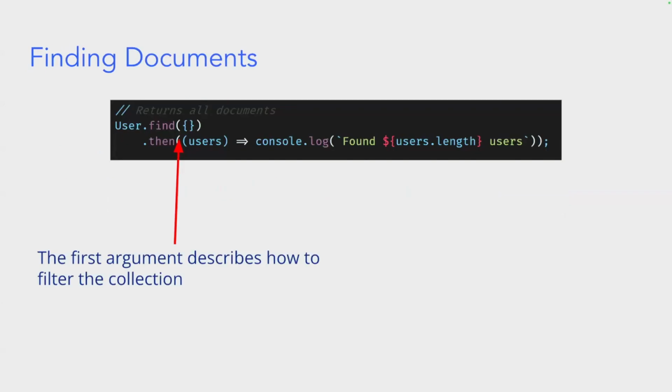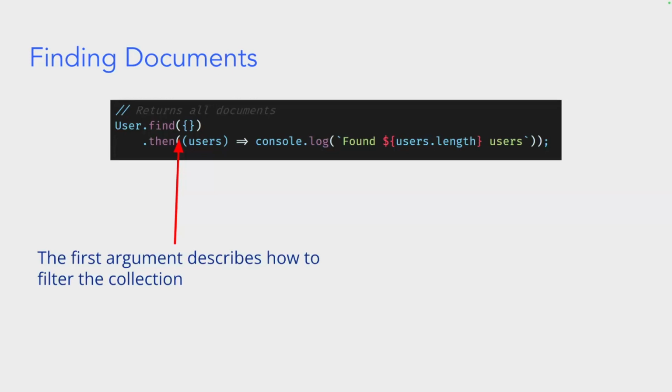So when we're trying to find documents, the first argument to .find describes how we're going to filter the collection. It's very similar to what we put into MongoDB Atlas. And so we pass in the empty object, and that means we're doing no filtering at all. So we're going to get back everything in the user collection. Then, first off, find returns a promise.